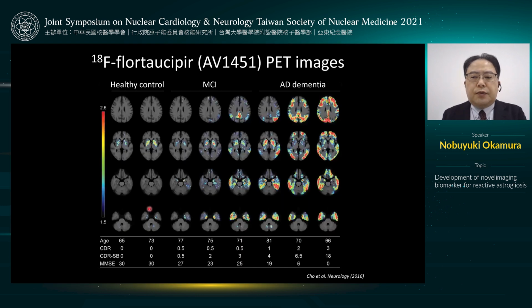This slide shows the flortaucipir PET images. You can see tracer accumulation in the temporal and parietal cortex of an AD dementia patient, and the amount of tracer accumulation increases with increasing severity of dementia.